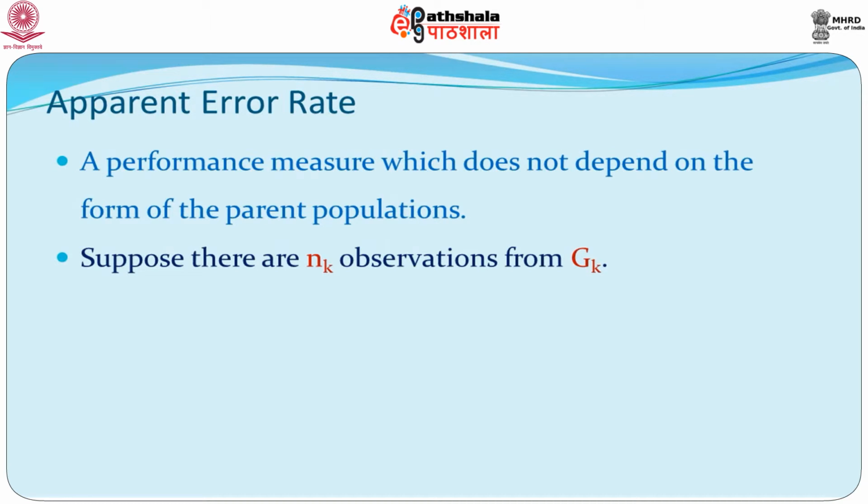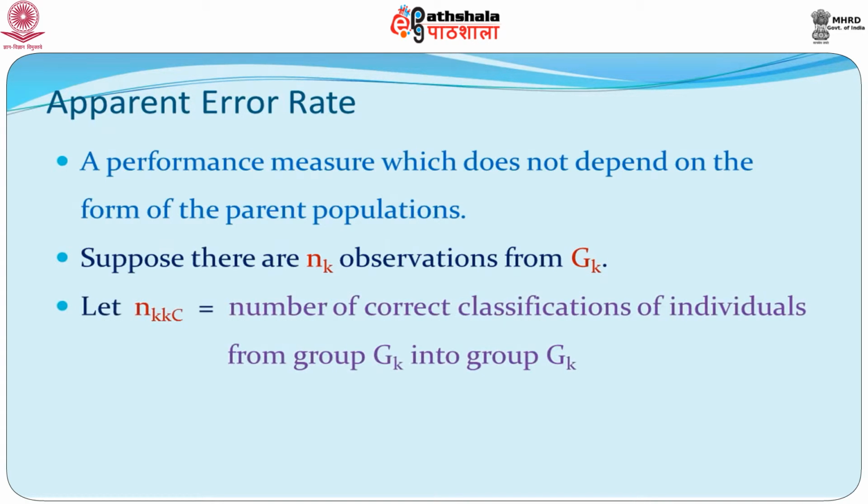Now, suppose there are nk observations from Gk, and we will denote by n_kk^C the number of correct classifications of individuals. So, kk means that we have an individual from group K who is classified into group K, and C stands for correct classification.